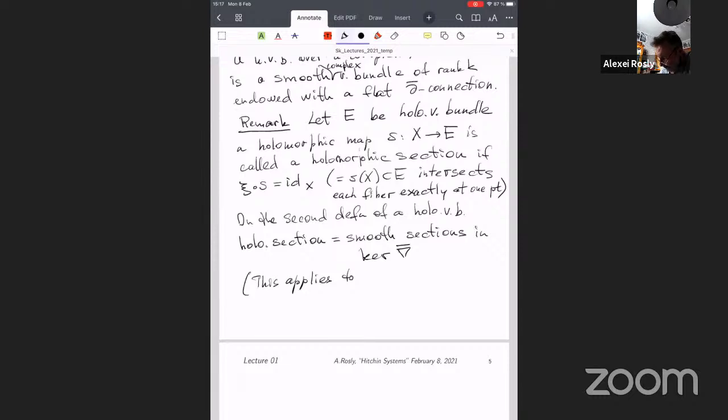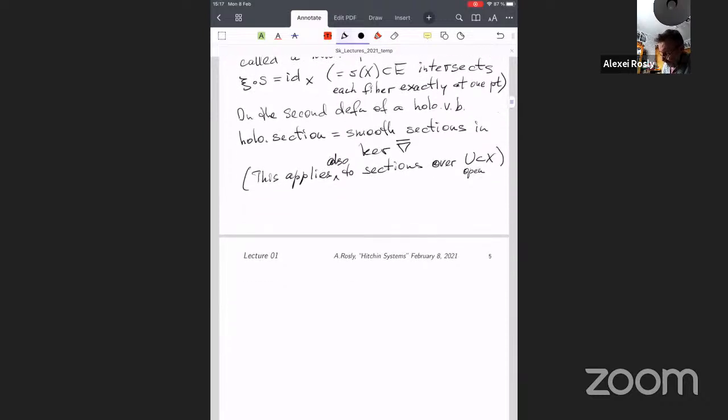So this applies also to sections over open subsets. Okay, so let us discuss the equivalence of the two definitions in short.